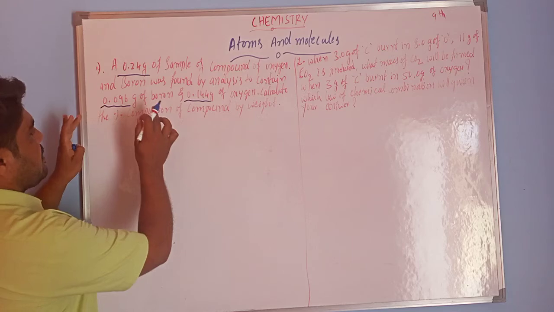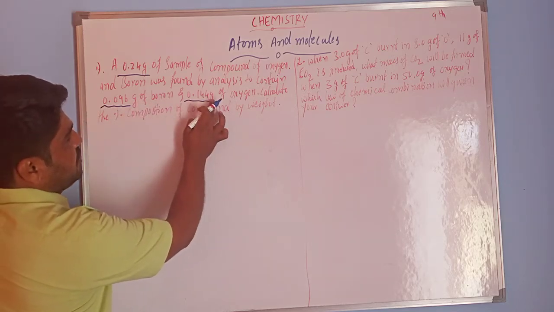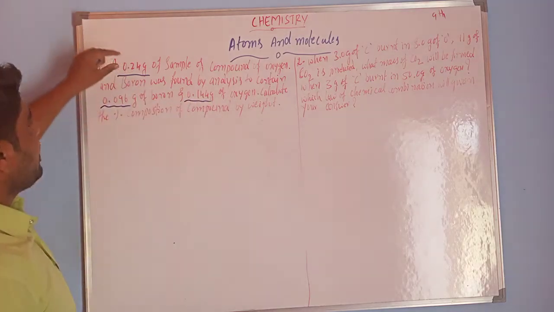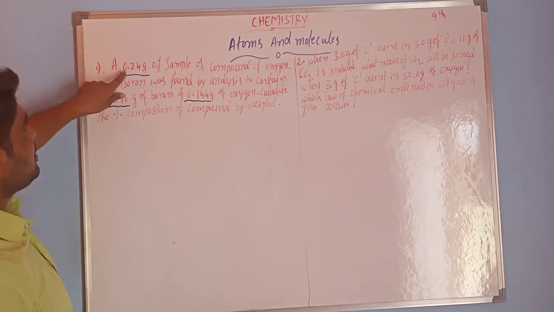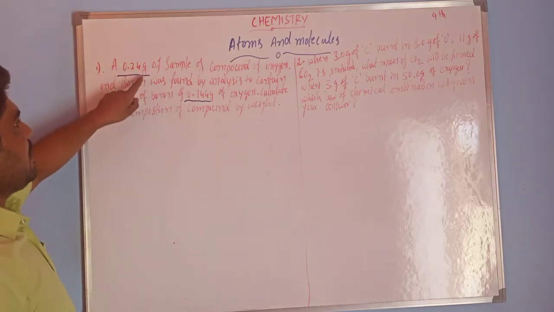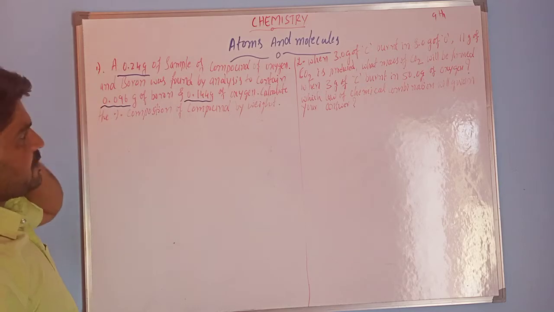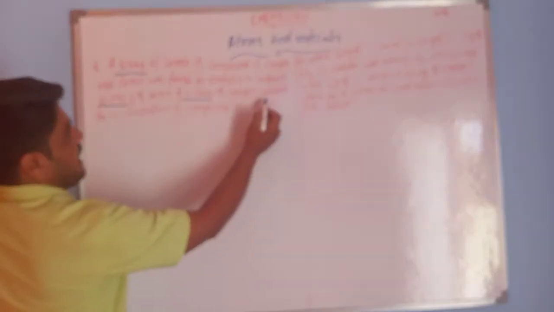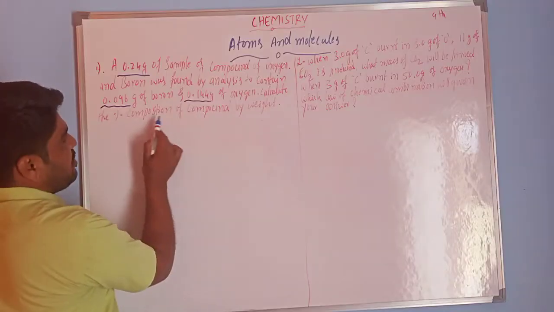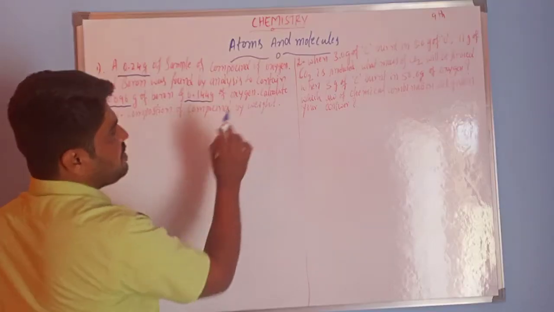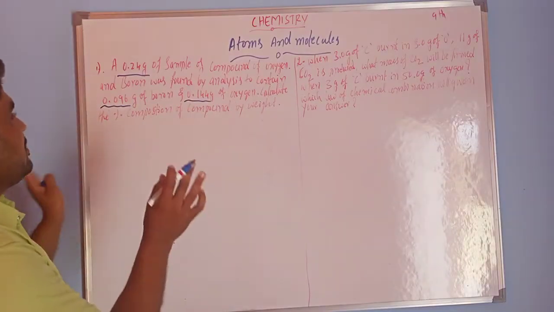You have to remember the mass here. So these are the reactants, boron and oxygen. From this we have a total mass of compound, that is 0.24. So this is the mass of product. From this, calculate the percentage composition of the compound by weight. So this is the data.